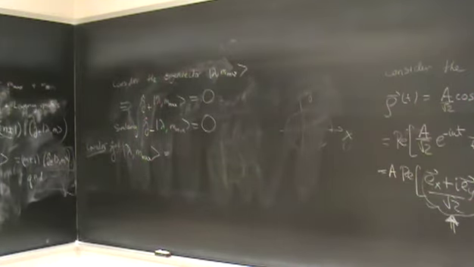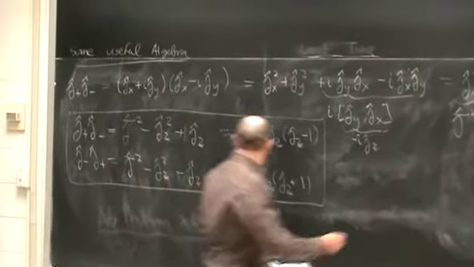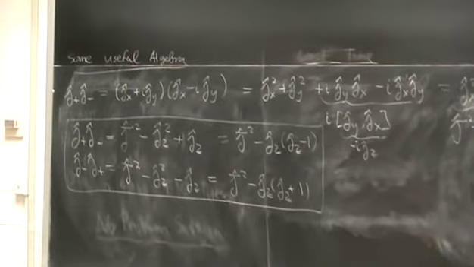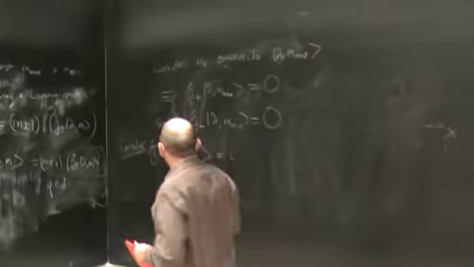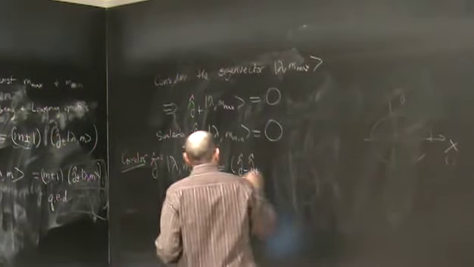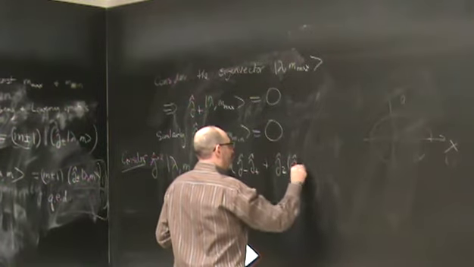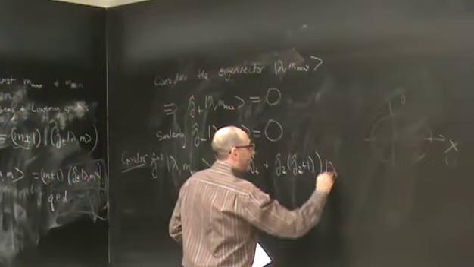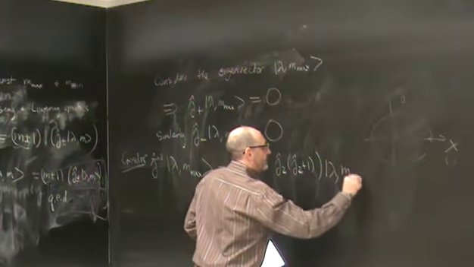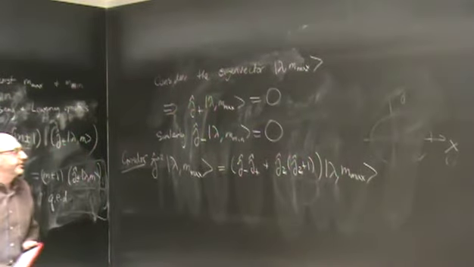So I'm going to look at this, and that's going to be equal to J minus times J plus JZ times JZ plus 1 acting on that state. Okay? Just substituting that in.